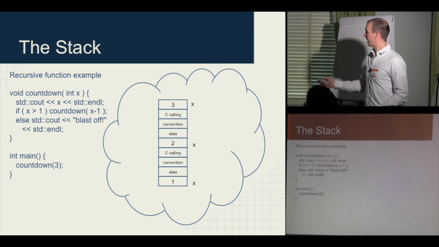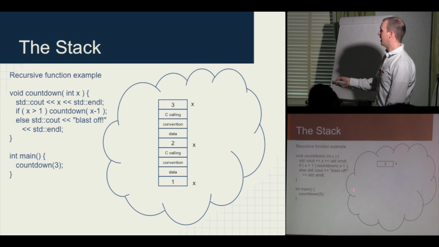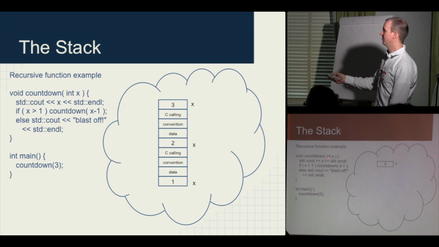So what's going on here? Countdown is called, and initially the value 3 is passed in as the formal parameter. In memory, there's probably stuff up here as well, but I didn't show it. This will be, say, the first variable that's put on the stack. That's the formal parameter x, and it's going to have this value 3. The first thing that happens is that 3 is output.